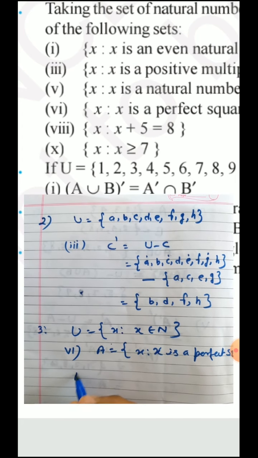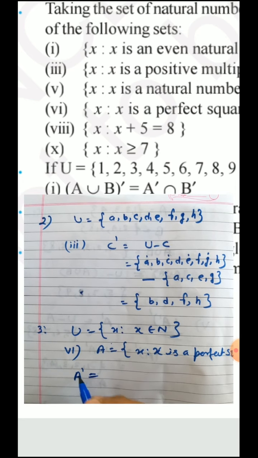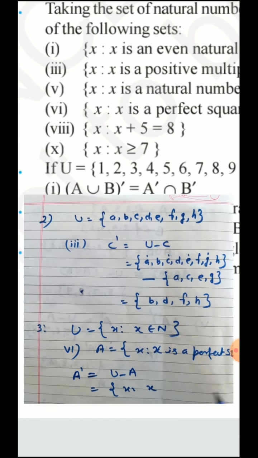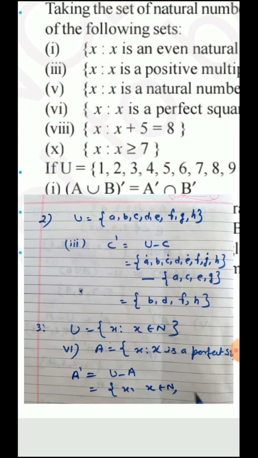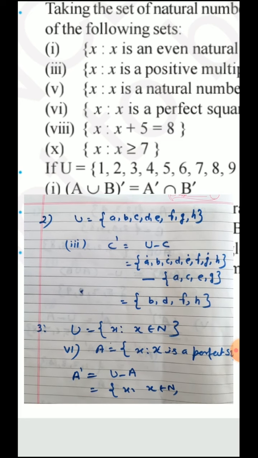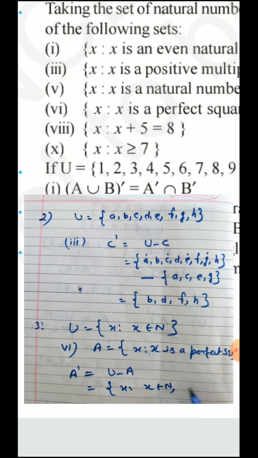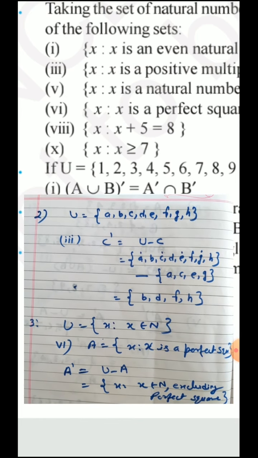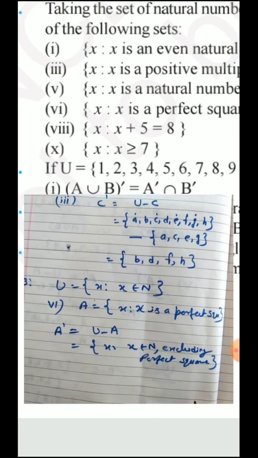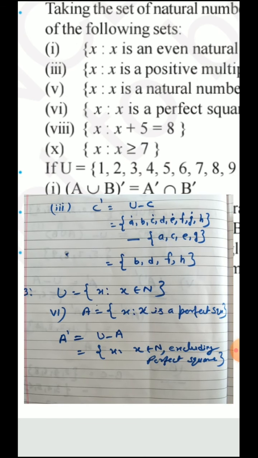So the complement of A, that is A dash, equals universal set minus A, equals X such that X belongs to natural numbers, the set of all natural numbers excluding perfect squares. You will exclude the perfect squares. The A dash will be a set of all natural numbers excluding perfect squares.